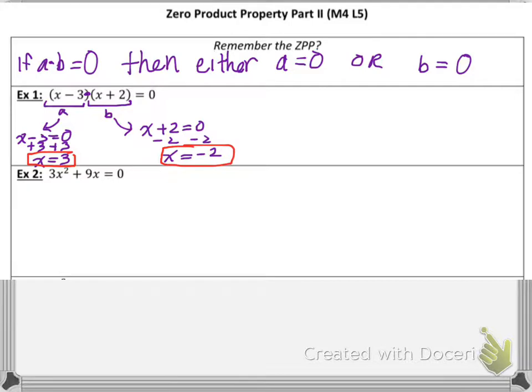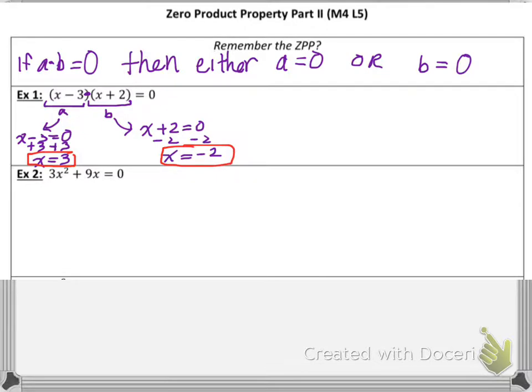In the next example, we have 3x squared plus 9x is equal to 0. So we have our equal to 0 again, but I don't have an a times b equal to 0 because I have a plus sign right here, right? The key is that if I can factor this polynomial expression on the left, then maybe I can get it to be something times something else, and then I can set each factor equal to 0 and solve for x.